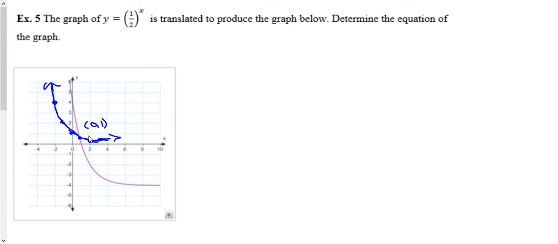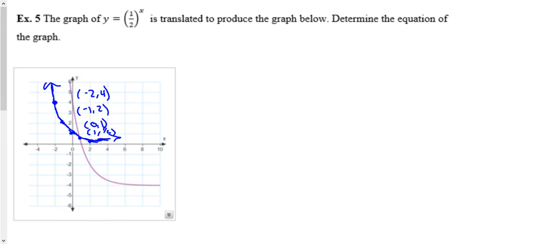This one here would have been at 1 and that would have been a half. So again, you don't really want to use a fraction there. I'm going to go back one. This one here was at -1, 2. And of course over here we had -2, 4. So we have a few coordinates there in the original that we can compare to.